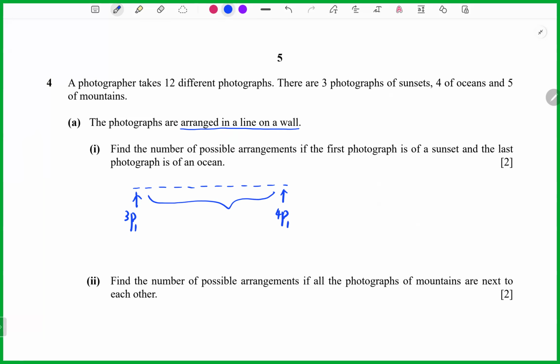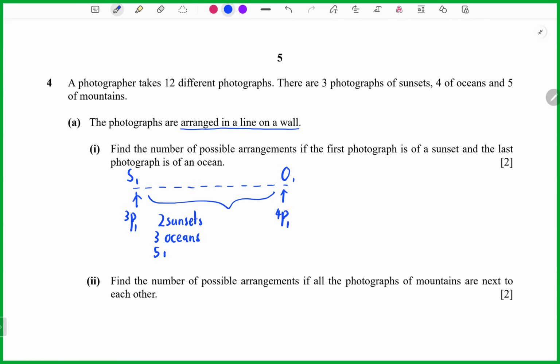If I have already used one photograph of a sunset and one of an ocean, I still have 2 sunsets, 3 oceans and 5 mountains.